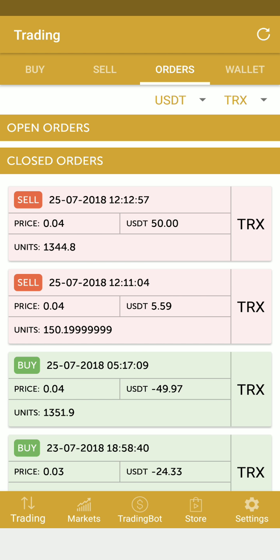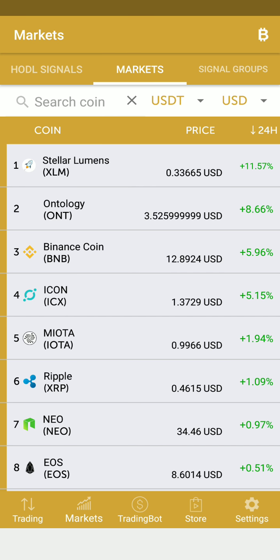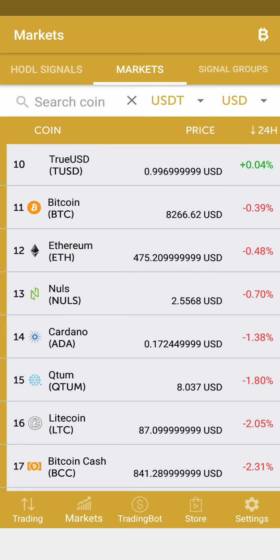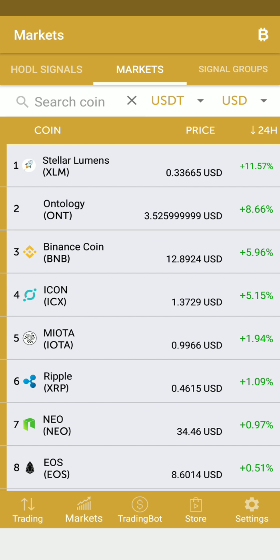Next is market. So again, same thing. Here's your pairs against USD, which are the ones that I like to trade. As you noticed, I went straight to the market instead of the hold signals because I don't want you to see just how many free coins I have accumulated.